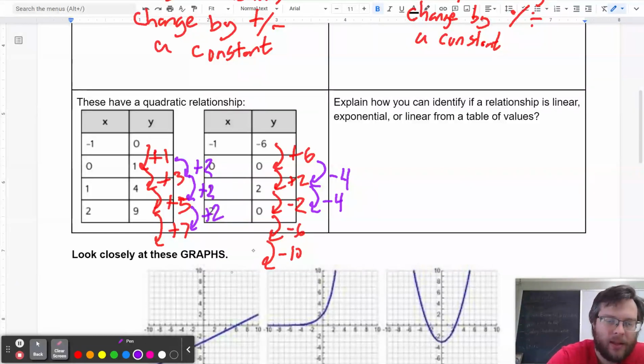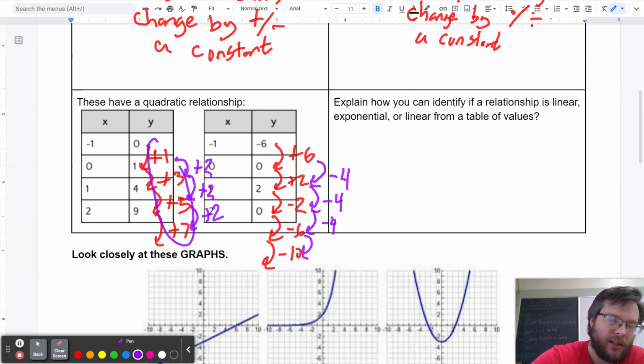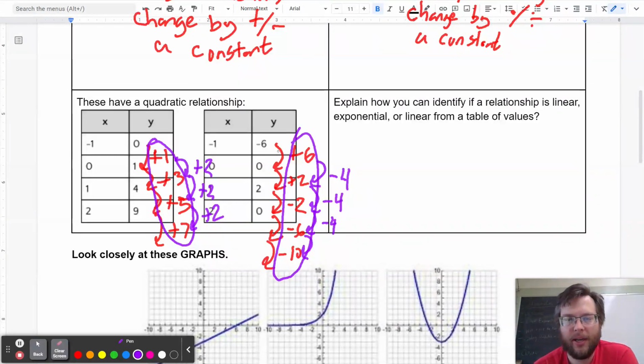And so it turns out that a quadratic pattern is new. It doesn't add the same amount every time. It doesn't multiply the same amount every time. But the changes of a quadratic pattern are linear. If you focus just on 1, 3, 5, 7, that's a linear pattern. If you focus on 6, 2, -2, -6, -10, that's a linear pattern.